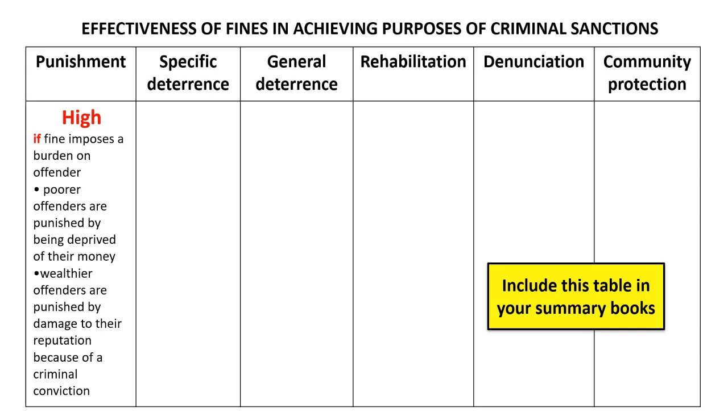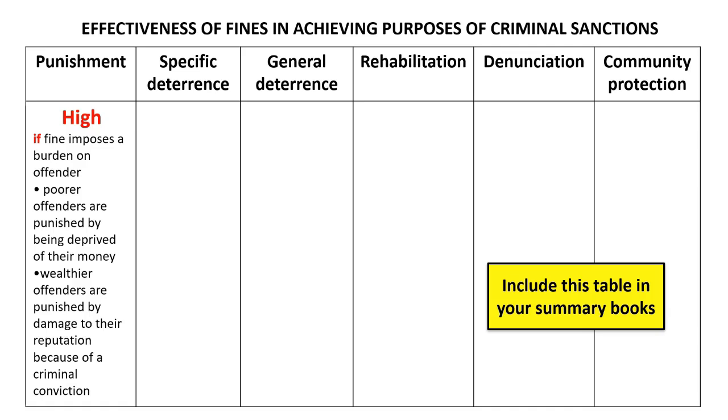A fine will be highly effective in punishing an offender if it imposes some kind of burden on the offender. For example, if a court imposed a $5,000 fine on an unemployed offender, then, because $5,000 is a lot of money if you're unemployed, the fine will impose a significant burden on that offender and will therefore be highly effective in punishing that offender.